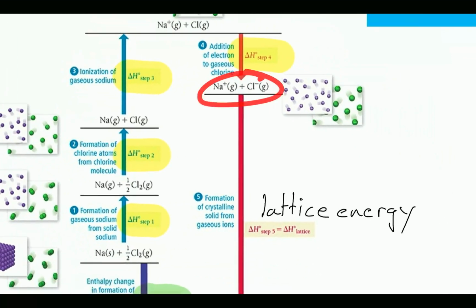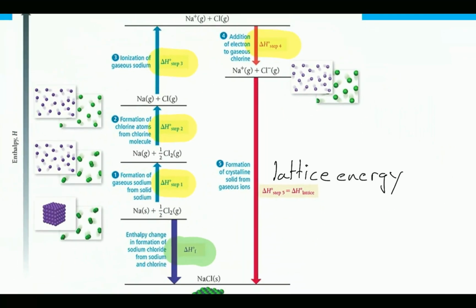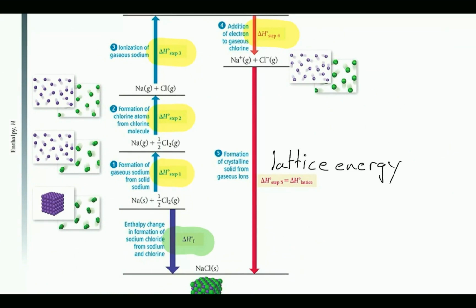And then once you're at this point, the difference between this energy here and the energy here, using just delta H of formation for sodium chloride, is the energy that's released by forming the lattice. So there's essentially a lot of steps. We can account for all of the steps except for forming the lattice. And then we can see the difference in energy has to be from that lattice.